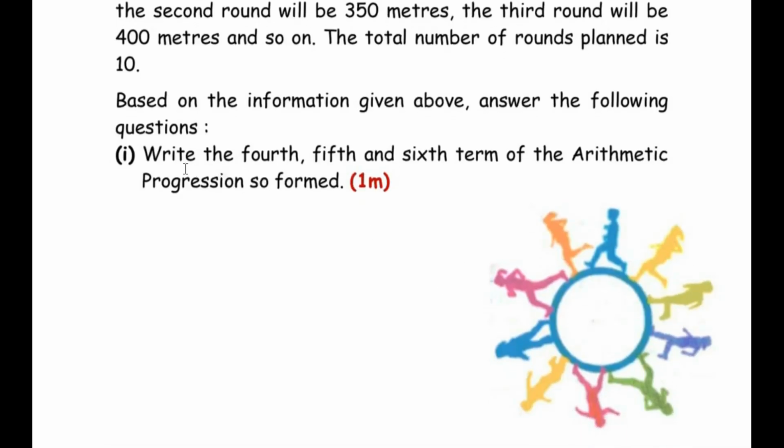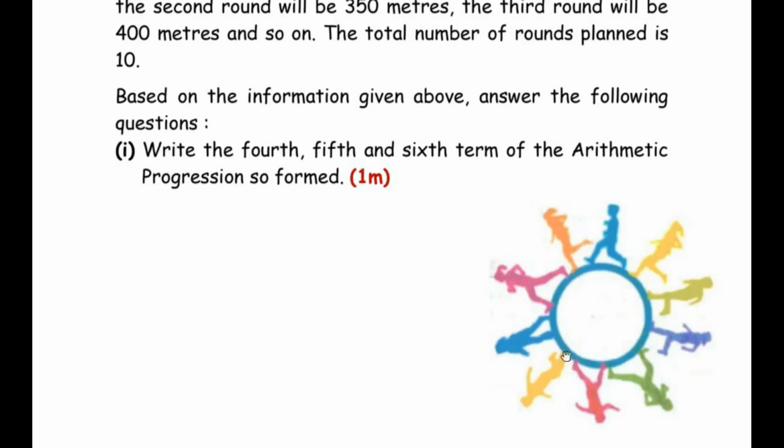The first sub-question is, write the 4th, 5th and 6th term of the arithmetic progression so formed. So let us try to understand the question first. A school is organizing a charity run to raise some funds for a local hospital. So they decided that the runners who are participating in this challenge have to go around a track which is 300 meters.